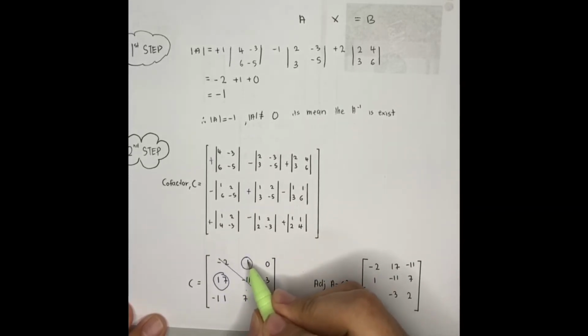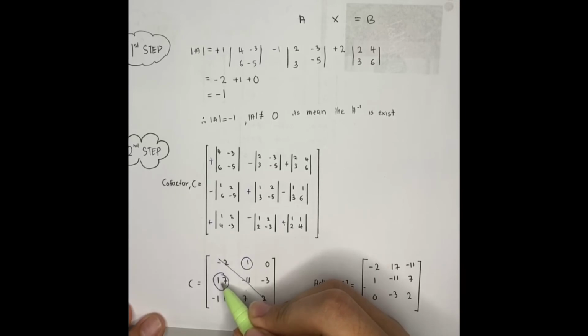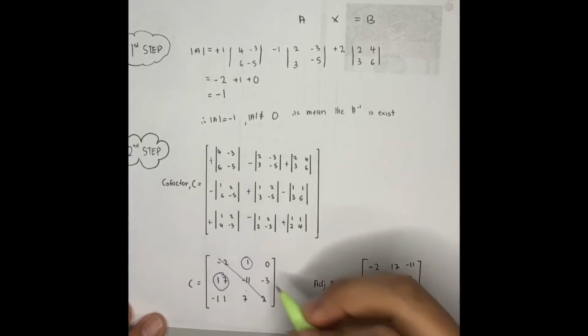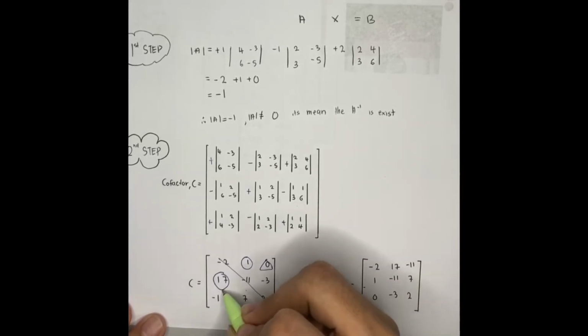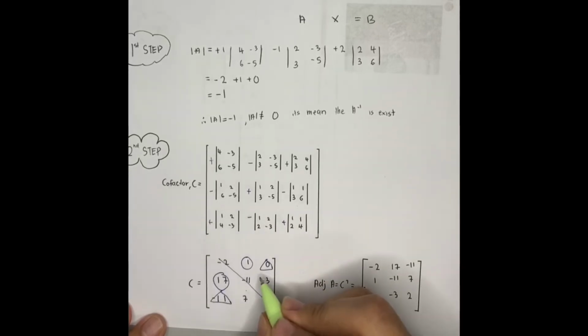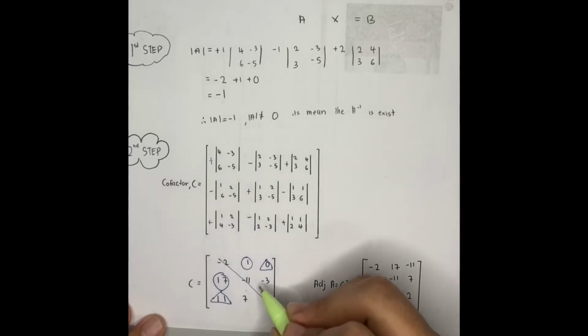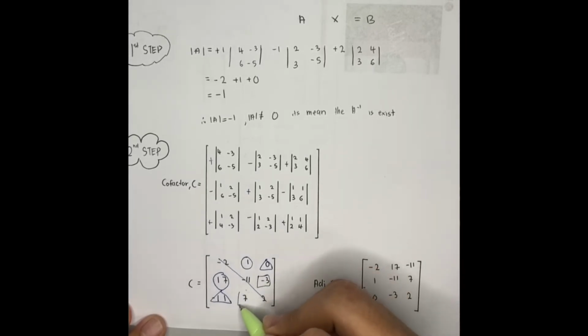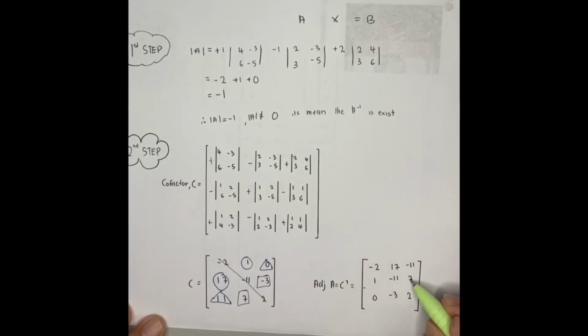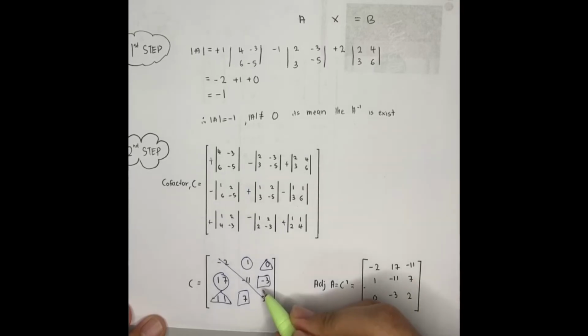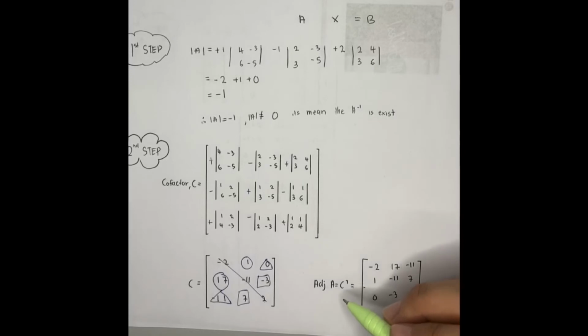Like this one, 1 will go to the 17th place. And the others, same. This one, 0 will go to negative 11. Negative 11, 0. 7 goes to negative 3. Like this one, we'll switch the side. And then you will get the adjoint A, or cofactor transpose.